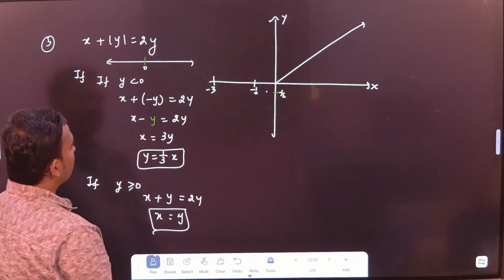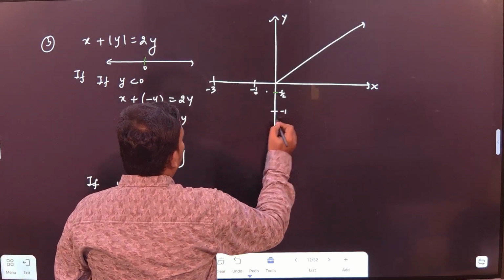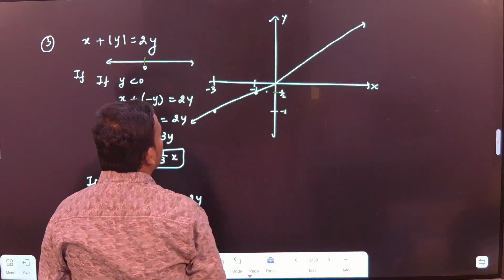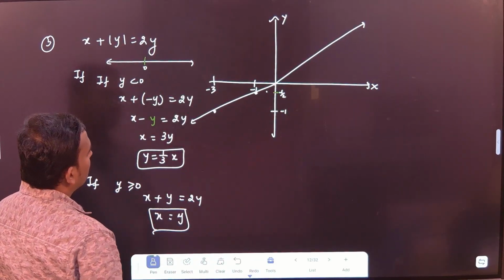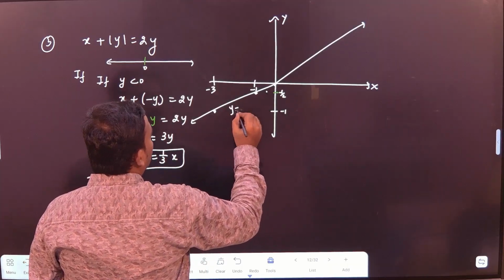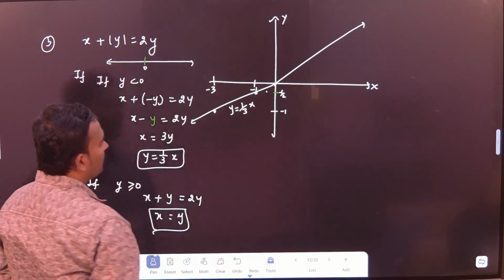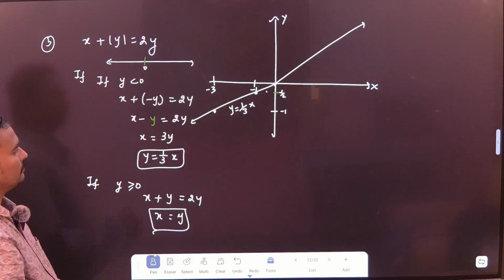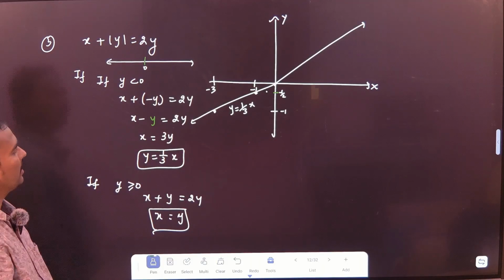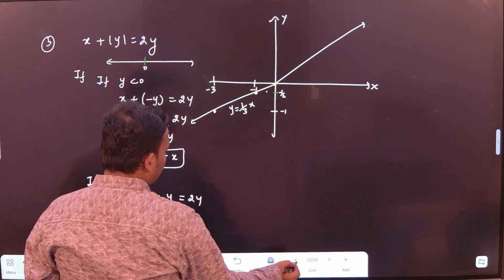Minus 1. y is equal to minus 1. So minus 1 here. The graph will go like this, right? Understand? This is actually y is equal to 1 by 3 times x. Okay. Let's go to the next question.